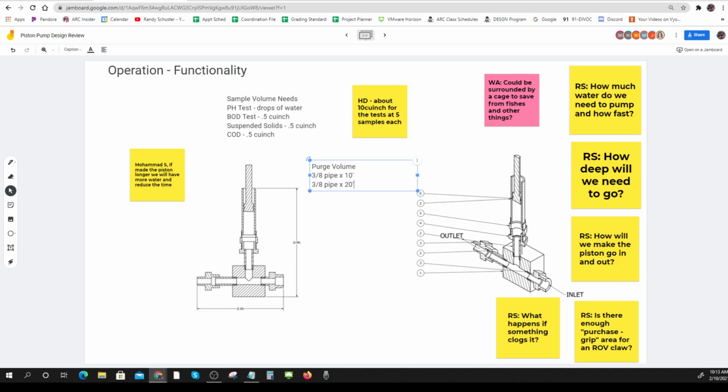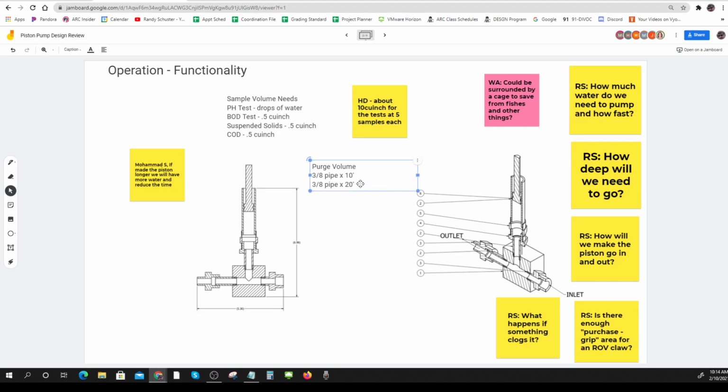And then there might be value in going deeper than that. Did anybody get a chance to look up how deep Sacramento River is and how deep you might want to go? I think 20 to 30 feet would be the max.